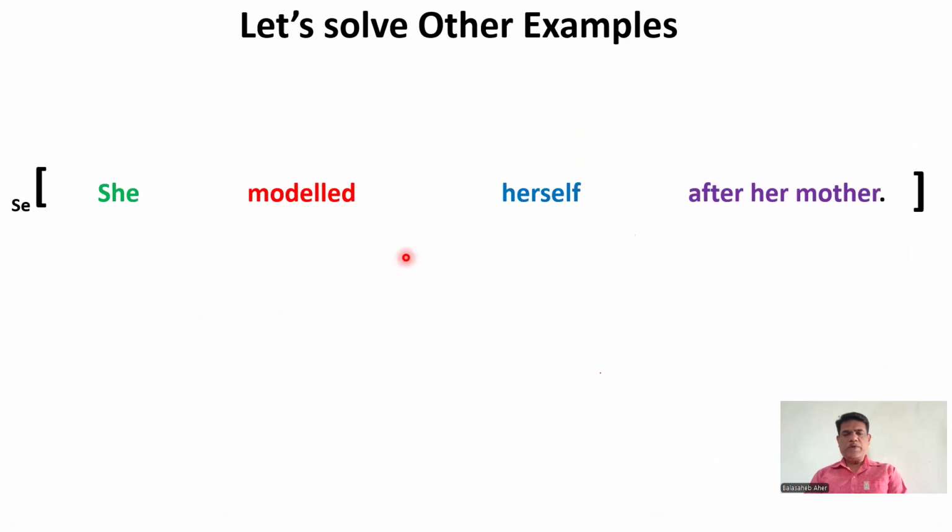And now we have to identify the fourth step, if you are remembering, which is to identify the verb phrase. In this example, "modeled" is a verb phrase. So we have to enclose it in a round bracket. We have enclosed it in red color. You can see on your screen that we have opened the round bracket from here and closed it here.